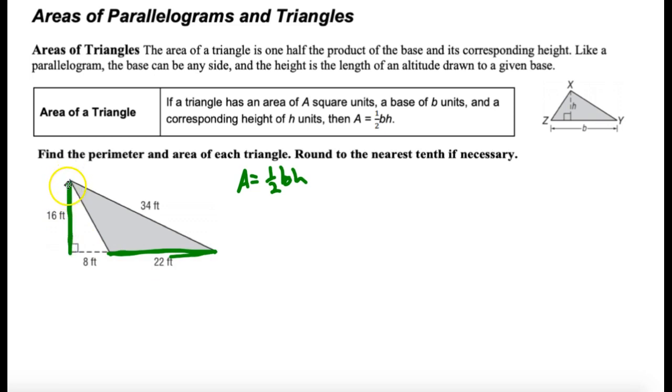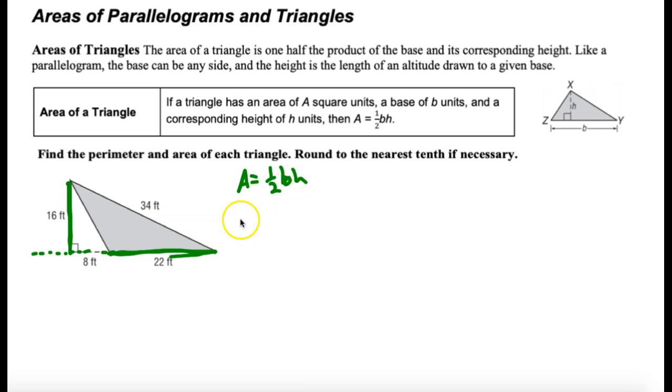The height is just the distance from that top vertex straight down. What we're actually doing here is just extending this base out. So that height is just the distance from the top vertex straight down to where that bottom side would be, even if it's not extended all the way out there.